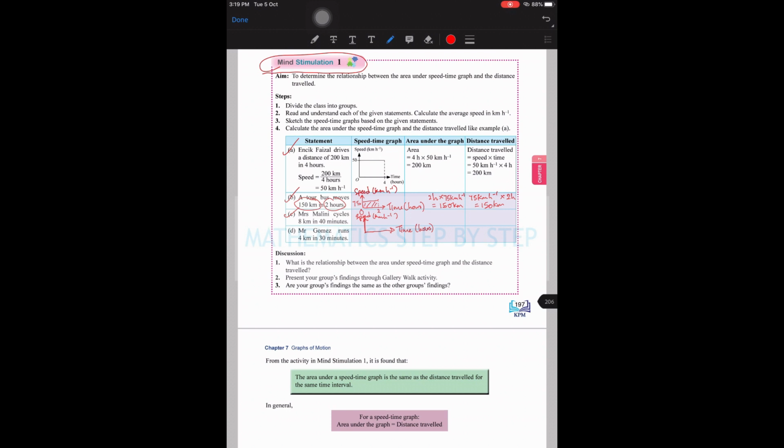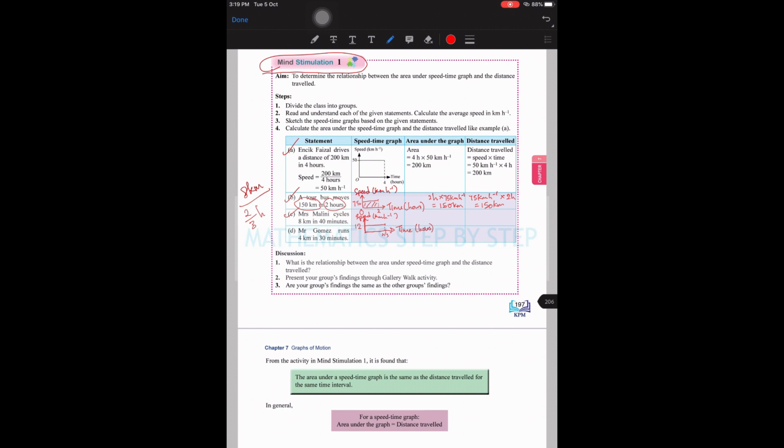Okay, so 40 minutes will be 2 over 3 hours, and the speed will be distance over time, so 8 km divided by 2 over 3 hours, which is 12 km per hour. Okay, so here is 12, then here will be 2 over 3.